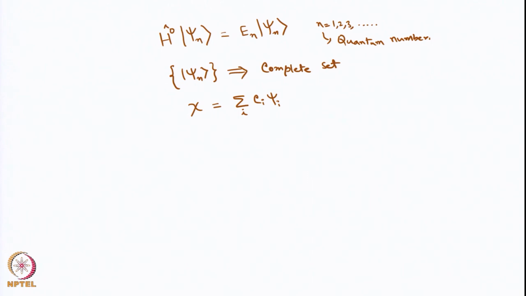So a wave function psi can always be written as sum over n of Cn of t psi n e to the power of minus i E n t by h bar.